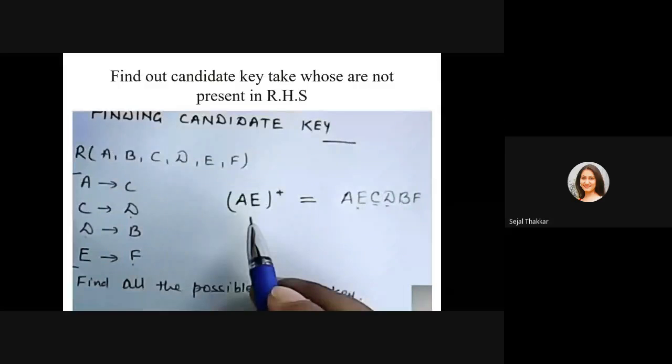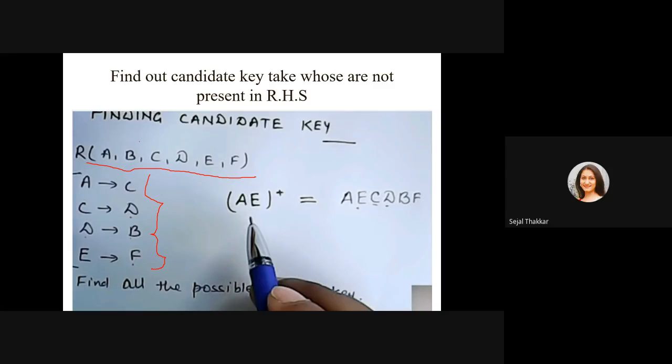Now the example is to find out the candidate key. Okay, they have given you a definition like this. Relation R has attributes A, B, C, D, E, and F, and these are the dependencies they will give you, and we have to find out the possible candidate keys.